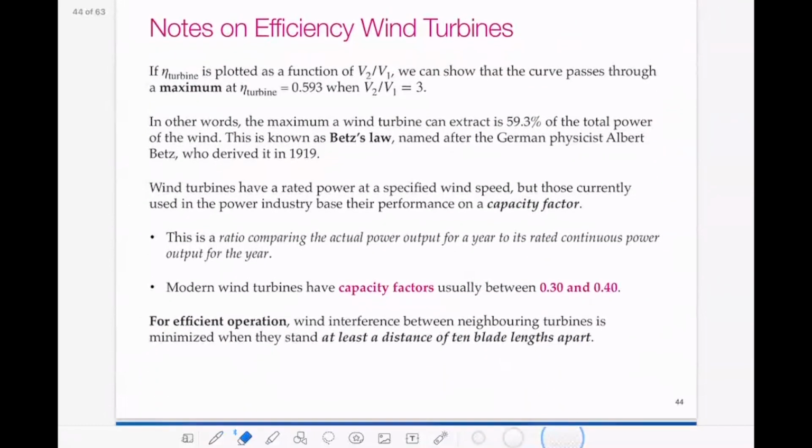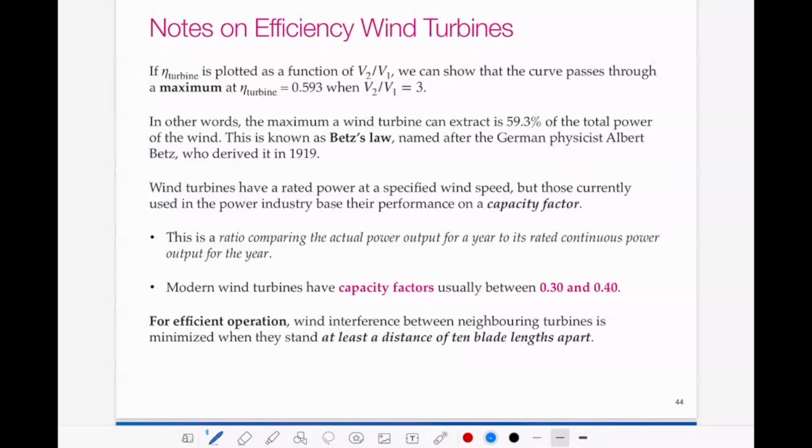So the efficiency of the turbine, if we plot that as a function of the ratio of v2 over v1, we'd see that the curve passes through some maximum point. And this point happens to be when the efficiency of the turbine is 0.593. And this happens when the exit velocity divided by the entrance velocity is 1/3.